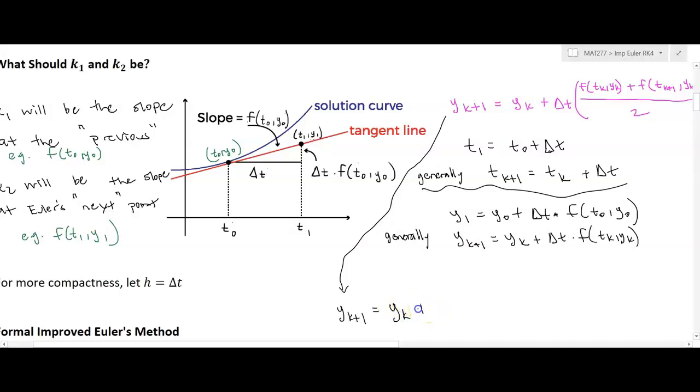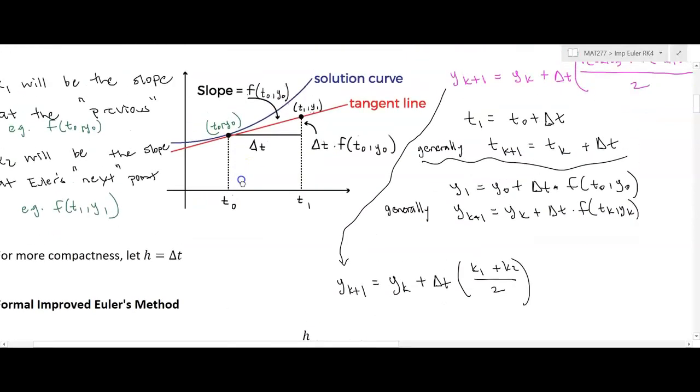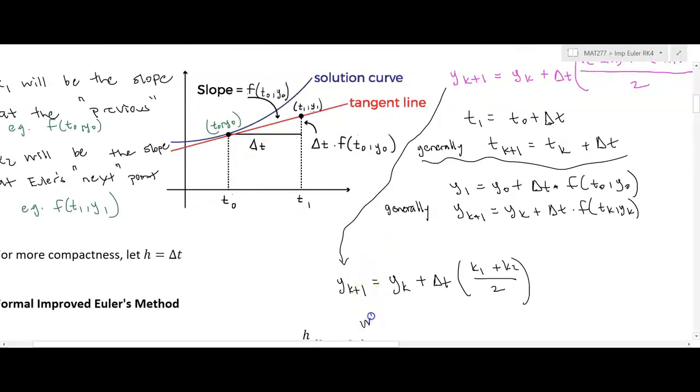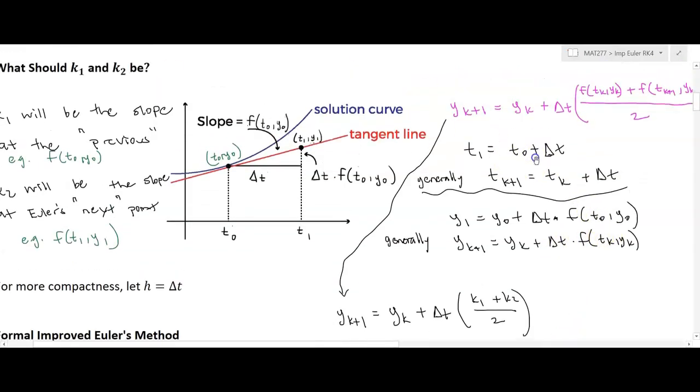So y sub k plus delta t times, in parentheses, k1 plus k2 over 2, where, and now we'll go ahead and define these, k1 is just, again, the slope at our previous point, f of t sub k, y sub k, and where k2 is the slope at the point t sub k plus 1, y sub k plus 1.